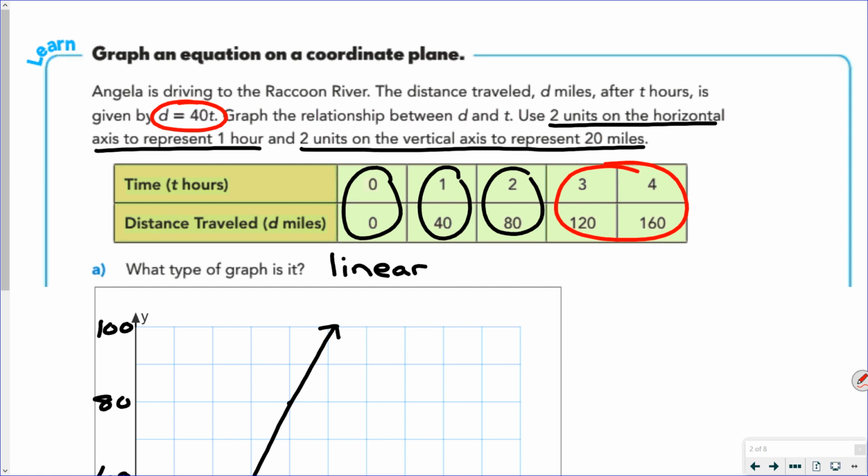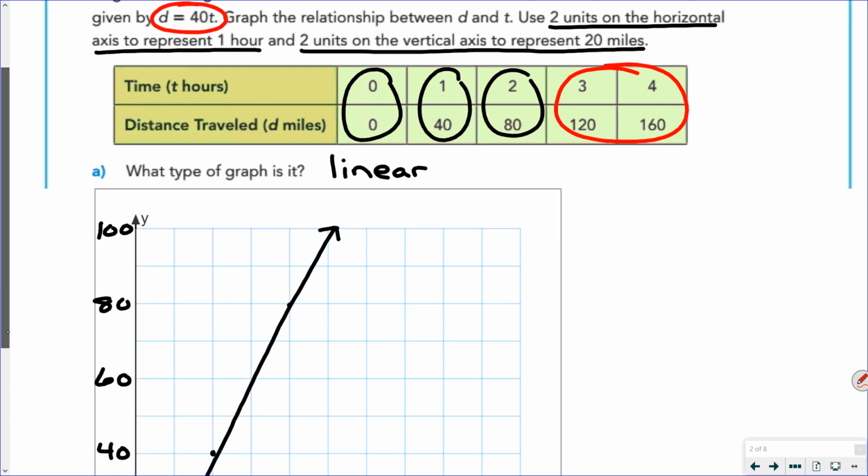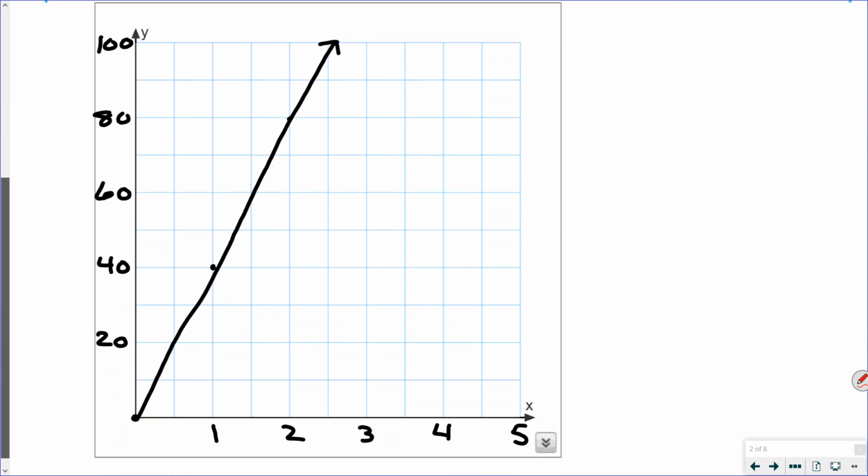I have a value for 3 hours, I have a value for 4 hours, so I could figure out the value for 3.5 hours. And finally, I have my graph. I know that 3.5 is here, and so if my graph extended farther, I could go up from 3.5 to where it hits our graph and then go across to the y-axis. So multiple ways I could get to that answer.